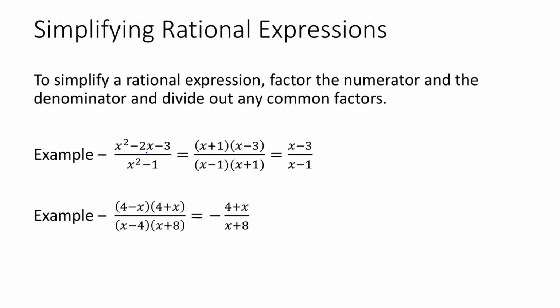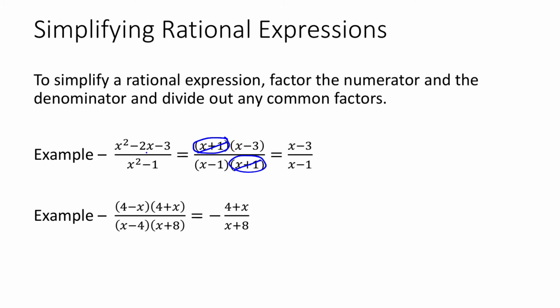You can see that that's been factored, and we have a common factor. We have x plus 1 that appears twice. Remember, you have to cancel whole factors. You can't say, oh, x cancels with x. That's not legal. So let's not do that. We're left here with x minus 3 in the numerator and x minus 1 in the denominator. And that's in simplified form.